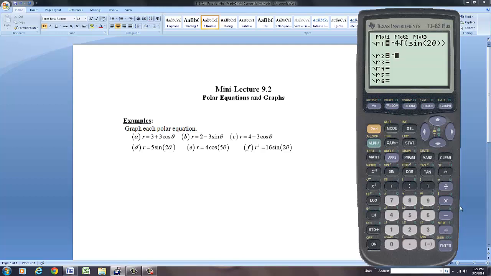Well, I guess I already entered the minus 4, so this one will be positive. Let me delete this. This could have been positive and minus here, it doesn't matter what order you put them in, as long as you put one positive, one negative. So this one then will be 4, and then second square root sine of 2 theta, close parentheses, then close parentheses, and then I'm going to go to zoom 7.